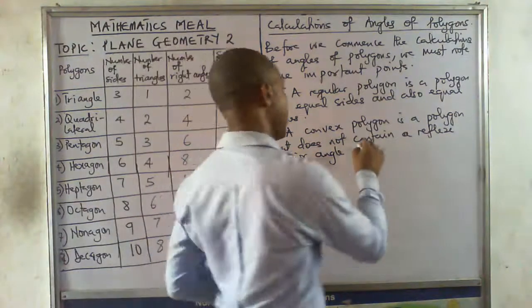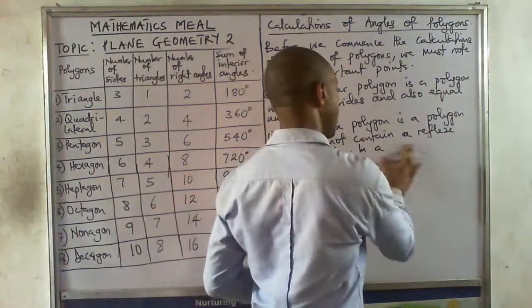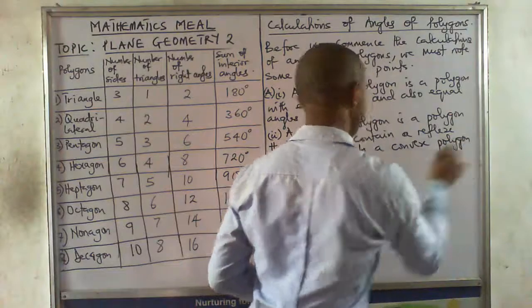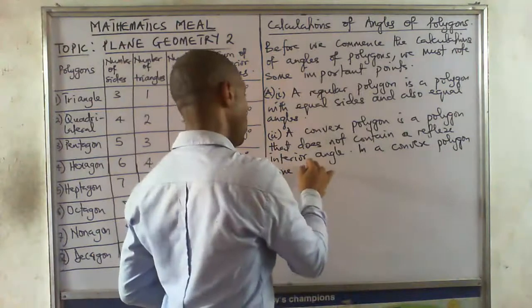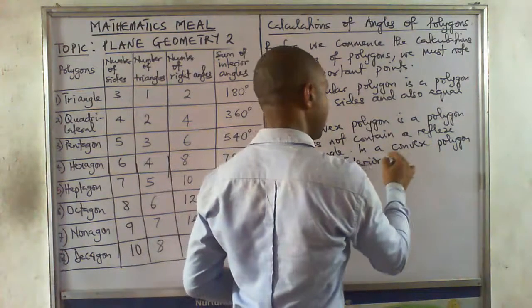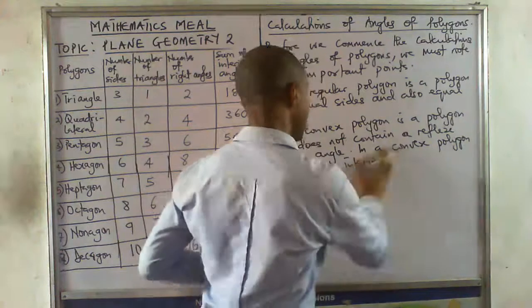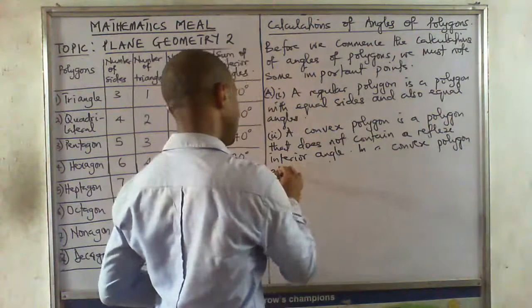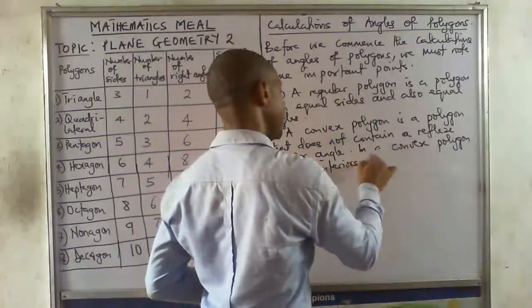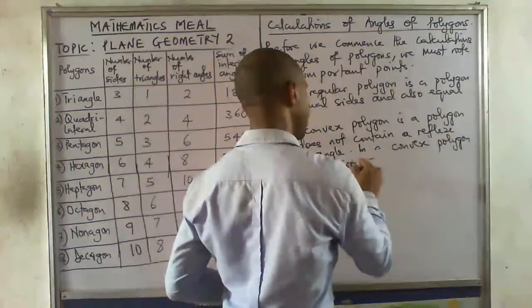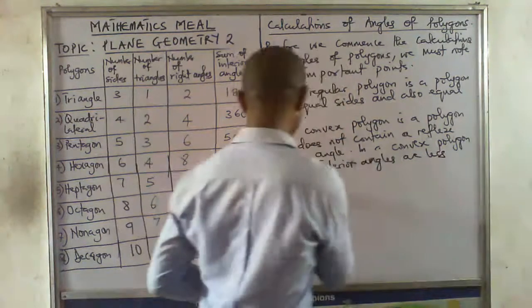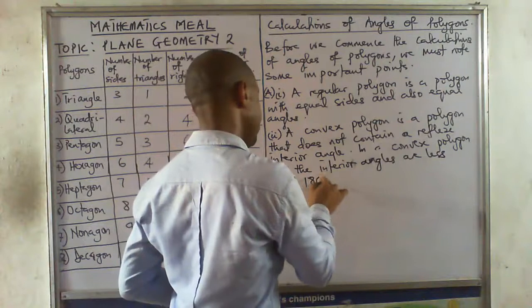So in a convex polygon, let me put it this way: all the interior angles are less than 180 degrees.